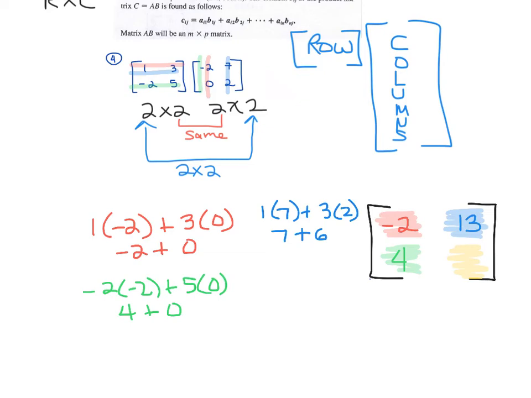Then the yellow, still row 2 times column 2. So -2 times 7 plus 5 times 2. -14 plus 10, and I get -4.